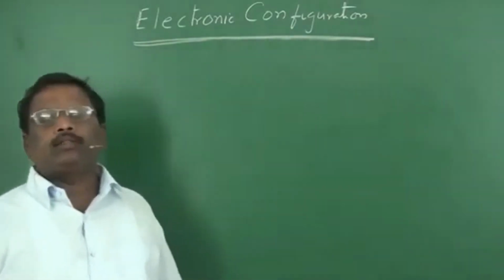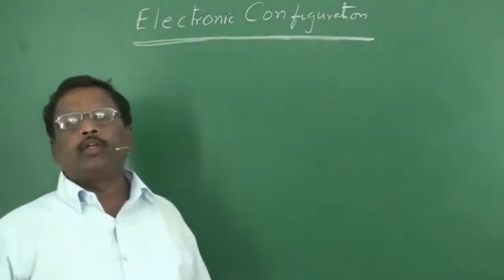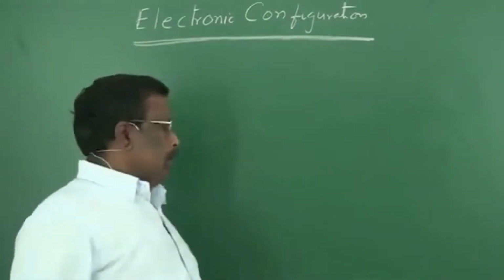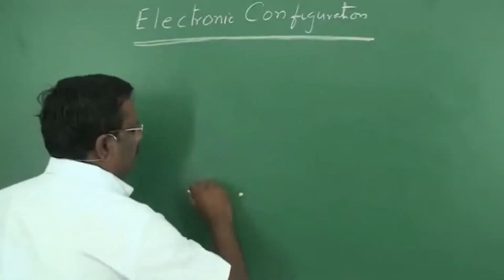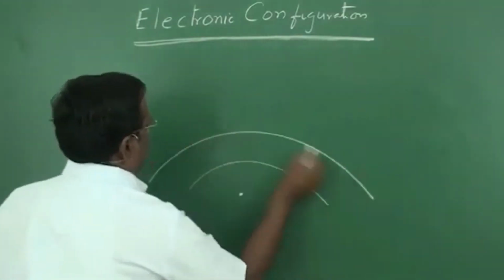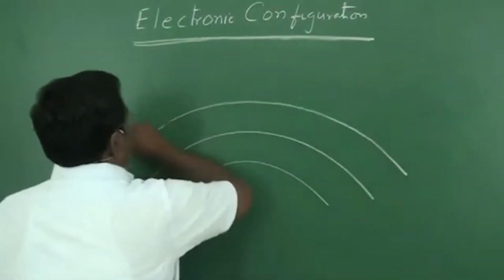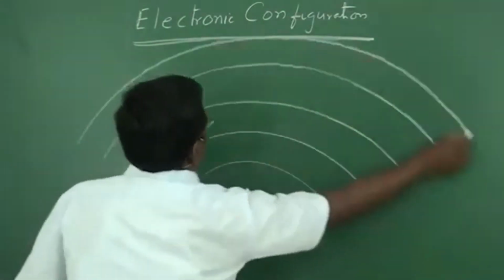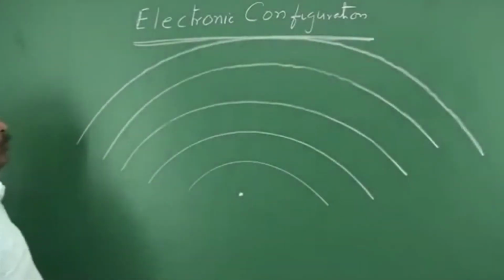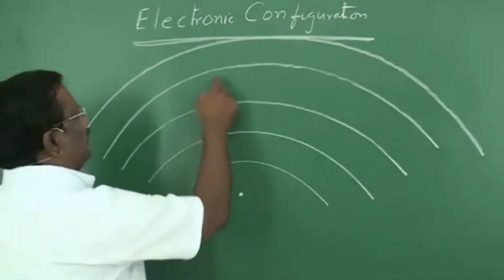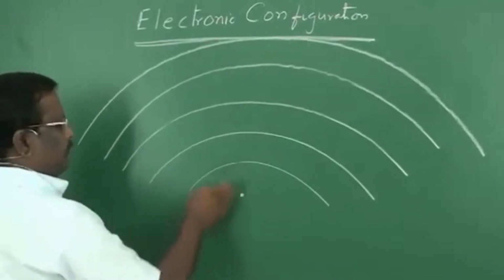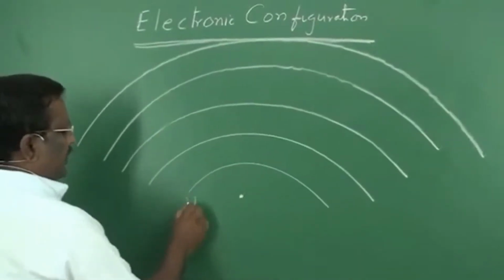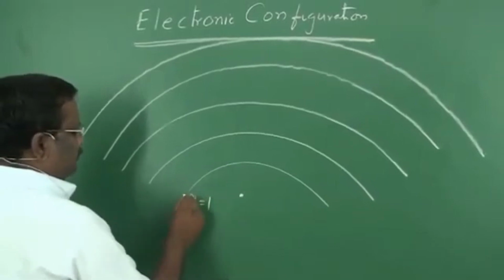From quantum numbers, we know that around the nucleus there are certain energy levels, which we call the main energy levels. These energy levels are denoted with a small n. This is the first energy level from the nucleus, so n is equal to 1.